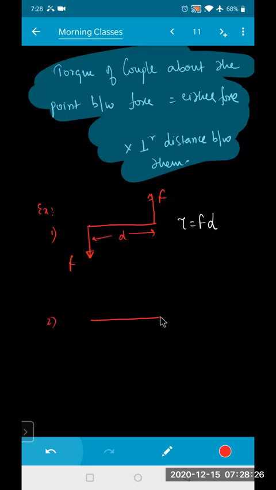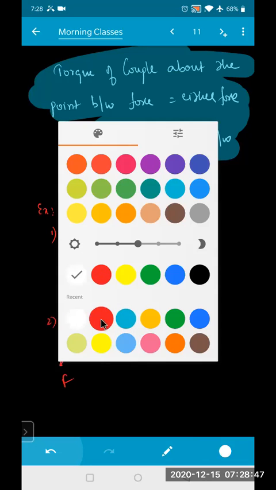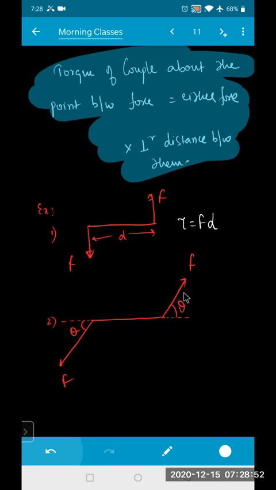In the same way, take another example, number 2. Like say this is your rod, and you are exerting one force in this direction and another force in this direction. This one is also your F and this one is also your F. Here you extend this one and here you extend this one. It makes an angle theta here and an angle theta here. Now how do you write the torque for this one? First you will resolve it. Tau is equal to F into D, so this will become F cos theta, and the perpendicular will become, what, beta? F into sin theta.